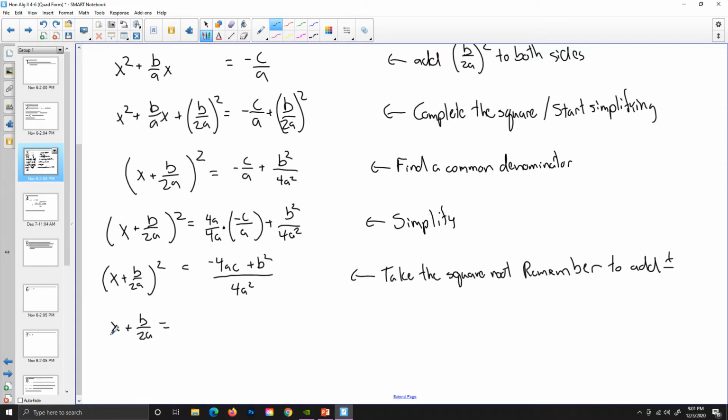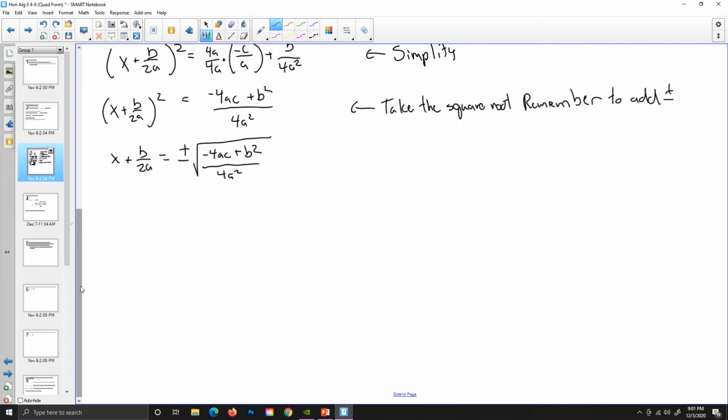So I'll have x plus b over 2a equals plus or minus the square root of negative 4ac plus b squared all over 4a squared. Let's move this back.